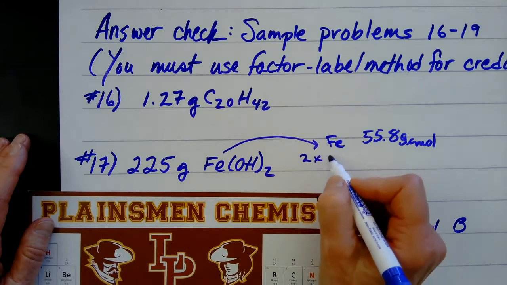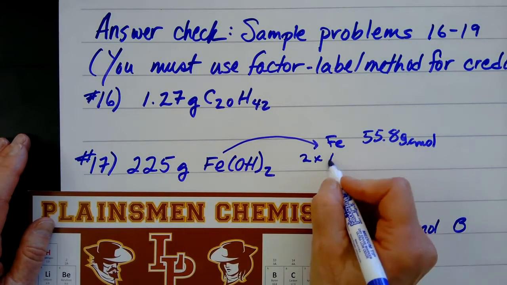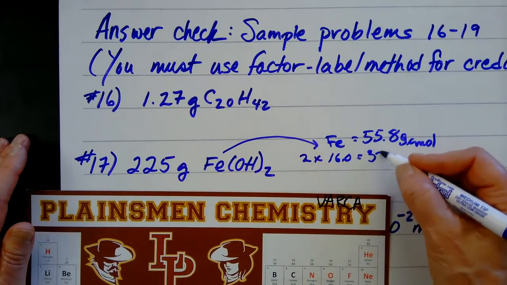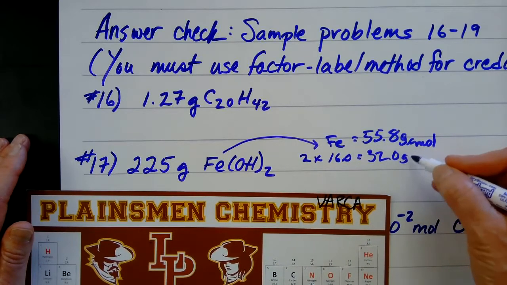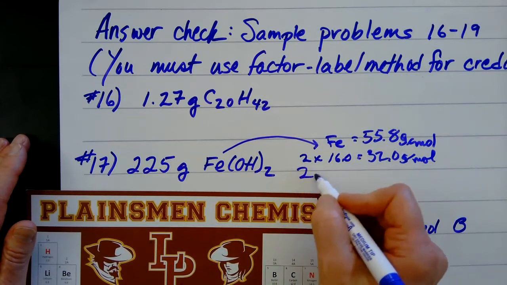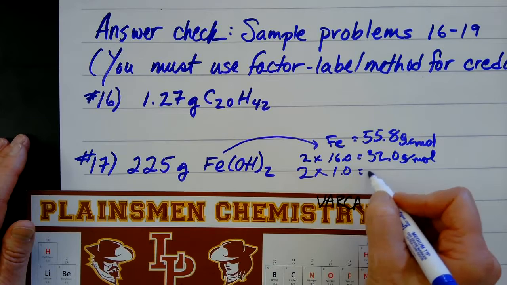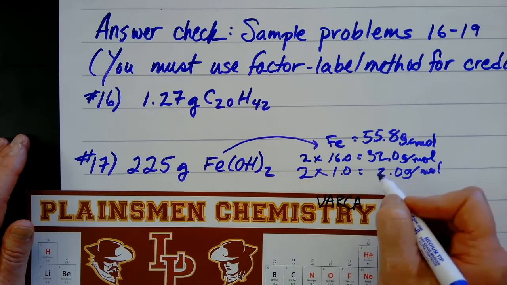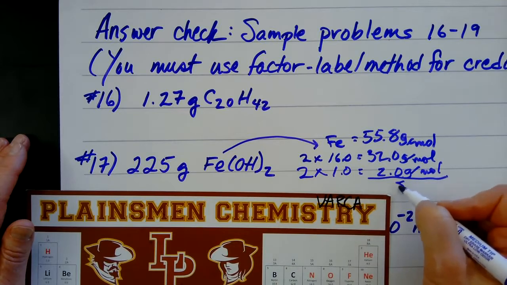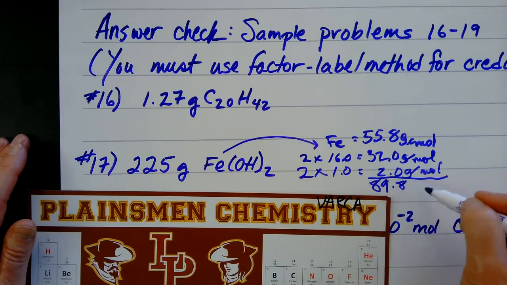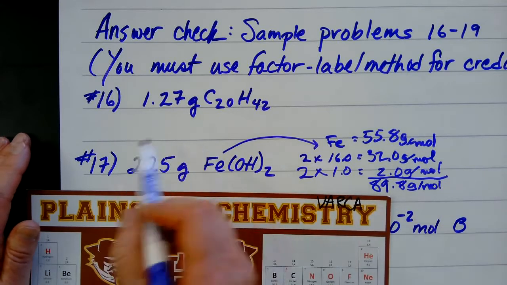So 2 times, we look on our periodic table, that's 16.0 equals 32.0 grams per mole for the oxygens, and then 2 times 1.0, which is 2.0 grams per mole for the hydrogen. When we add these together, we get 89.8 grams per mole. So that would be the value you would have used to solve for this.